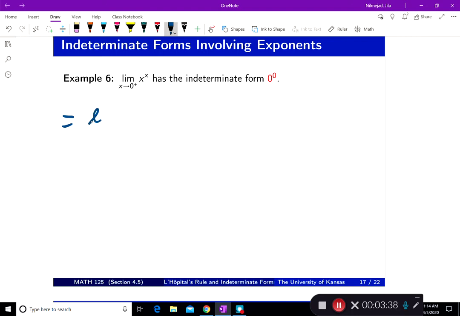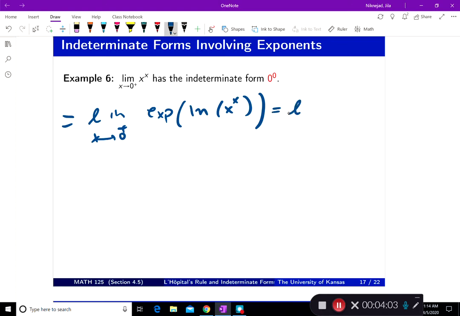So let's write down the limit, and then write down exponential of natural log of x to the power x. We haven't changed anything, because exponential and natural log are inverses of each other.